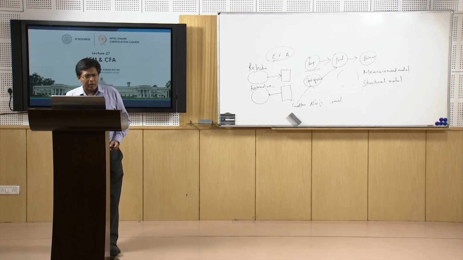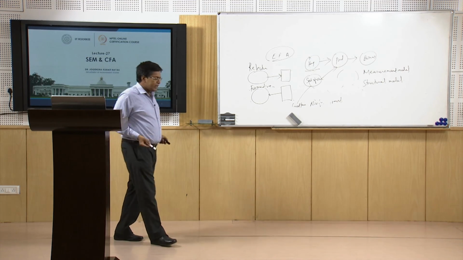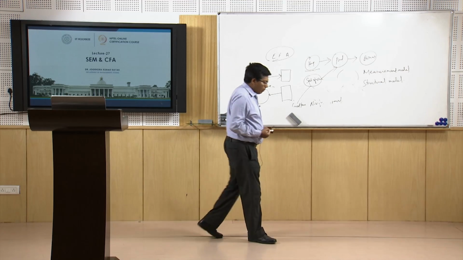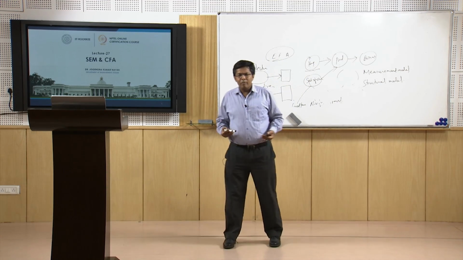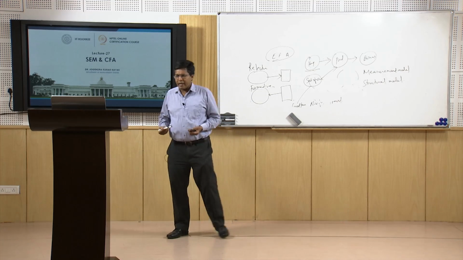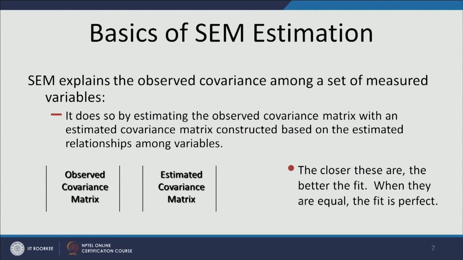Now, this is very important. What does SEM basically do? Students and researchers always talk about SEM and then they do not understand what is the basic underlying intention behind it. SEM basically explains the observed covariance among a set of measured variables. It does so by estimating the observed covariance matrix with an estimated covariance matrix.